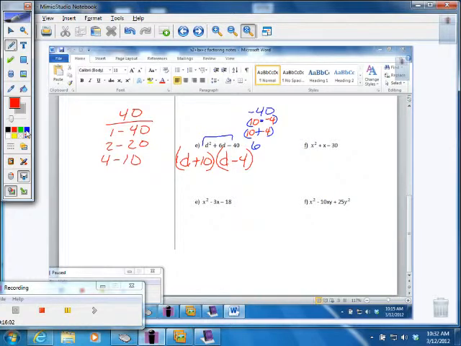So I know this top number is going to tell me that. Here, it's negative, so I know right from the get-go, when I see -40, my signs are going to be different. They have to be. As I look down at the bottom, +6, I know my bigger number has to be positive, because it's +6. If it was -6, I know my bigger number would have to be negative.